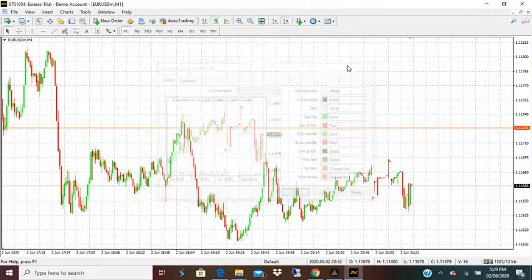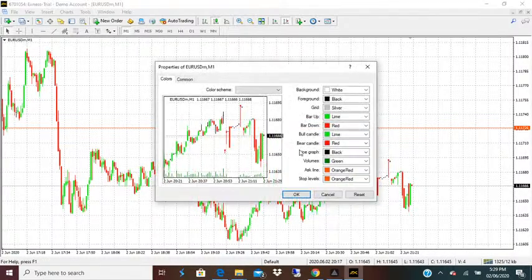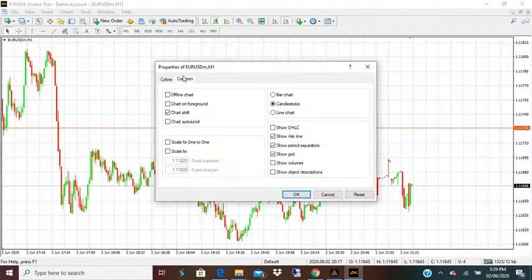You right click, go back to properties, and now you go on common, and you would see here show grid. You do not want the grid, so you remove it, and you have show period separator, and make sure this is clicked as well, show ask line, right? And basically that is it.